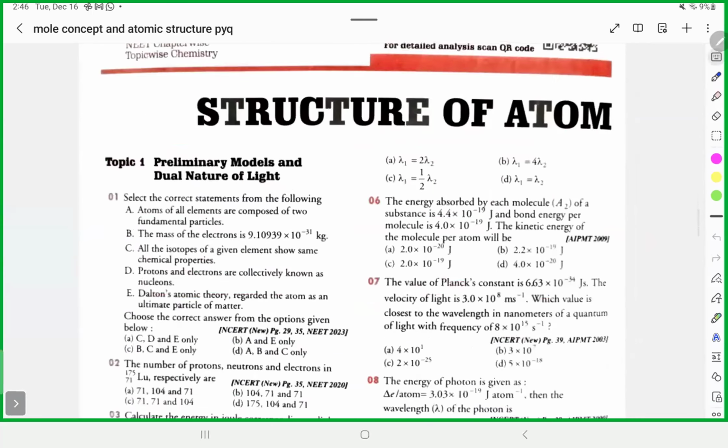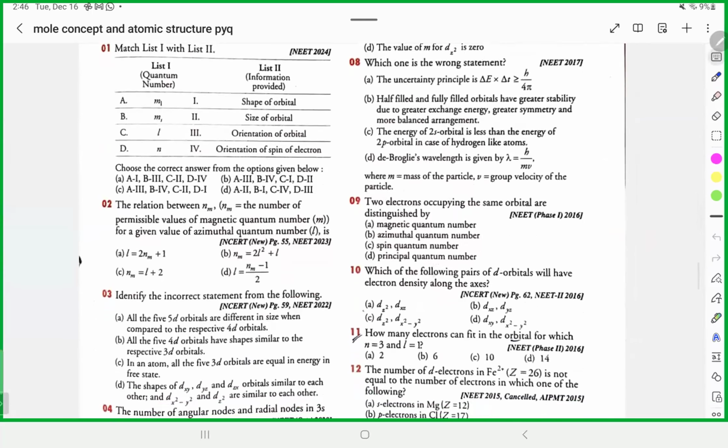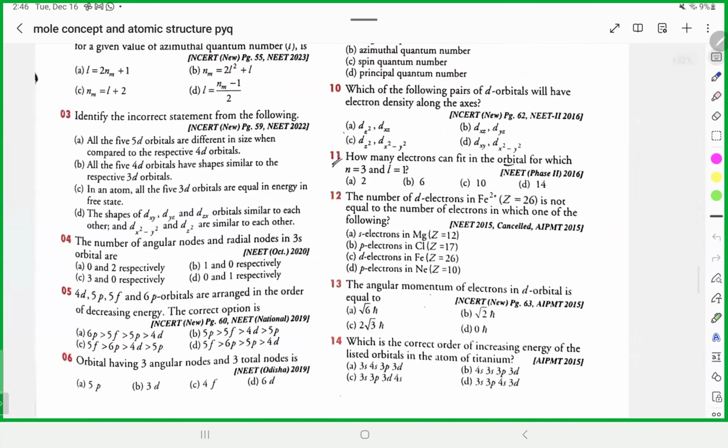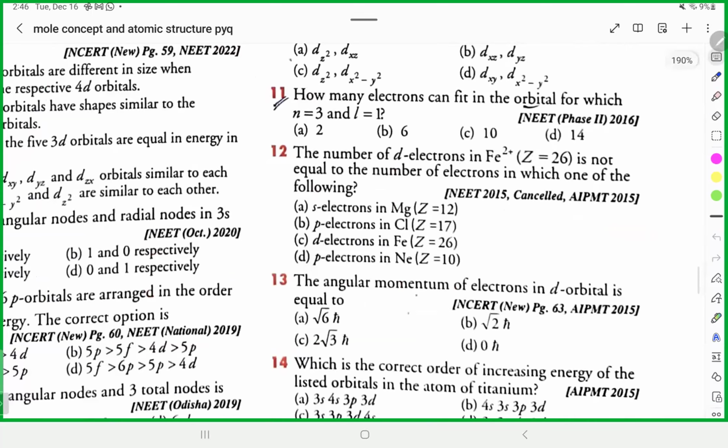Yes, sir. Then question number 13. Answer C.